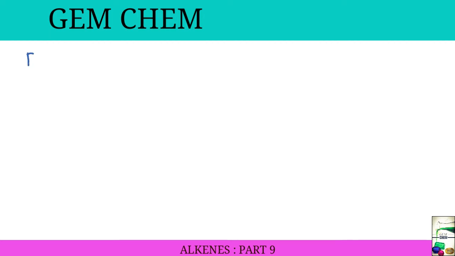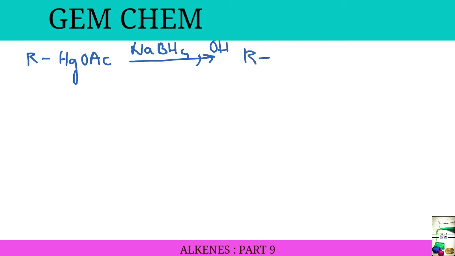Now see our HgOAc. Okay, now when NaBH4 is added in the presence of OH minus, we get our HgH. Okay, and this often undergoes homolytic cleavage.